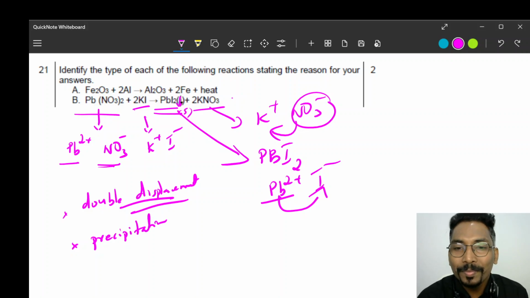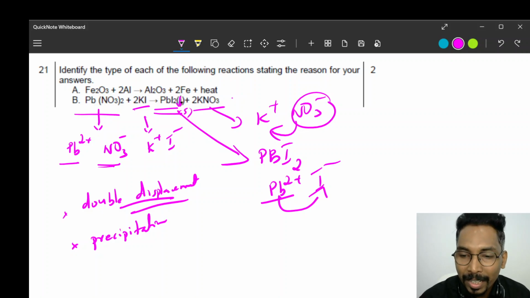So the first reaction is an example of single displacement reaction and exothermic reaction, and the second reaction is an example of double displacement reaction and precipitation reaction. Clear? Okay, good.